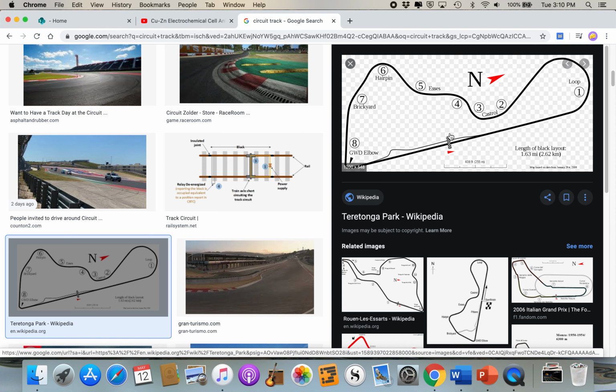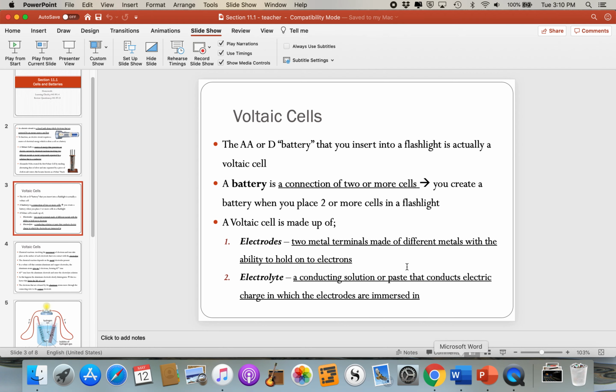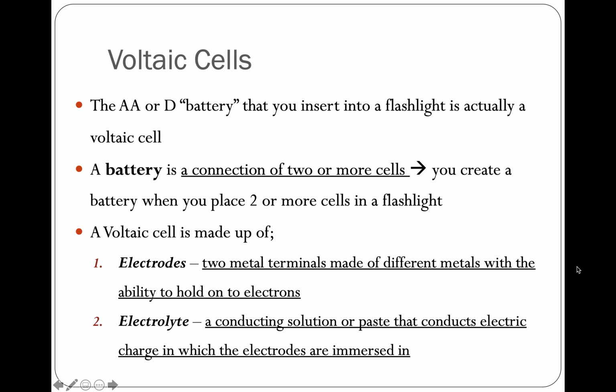That's what we want to think about when we are talking about these cells, that they are loops and electrons are moving around, and once they've got back to the starting point, they can continue on again. So picture cars driving around on a racetrack when you picture these cells. It's just a helpful little analogy, okay?